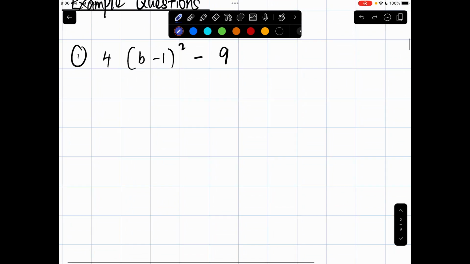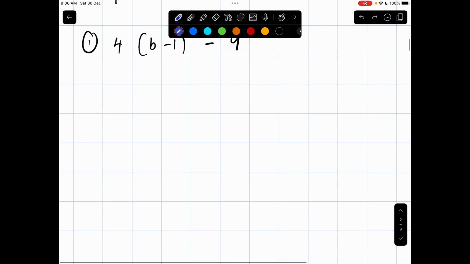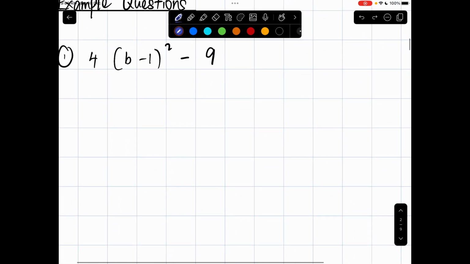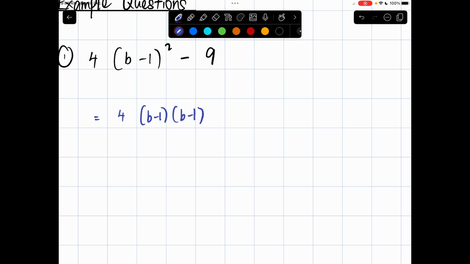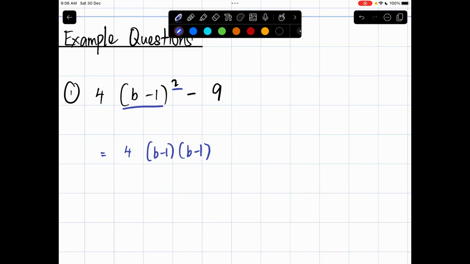This is using the first method that we've learned about expansion, which is (b minus 1) times (b minus 1). When you have squared, it just means that this entire bracket is multiplied by itself.